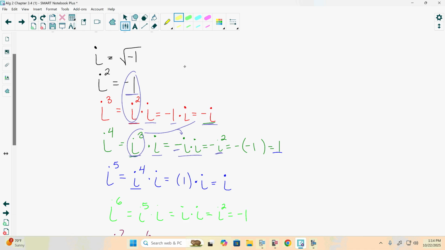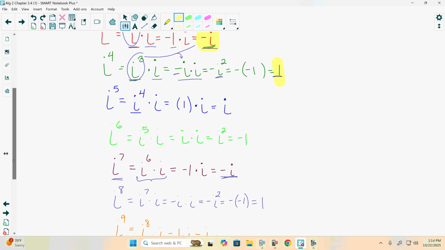Because where did we start out? We started out with i, yes? And when we squared it, what did it simplify to? Then we did i to the 3rd, it simplified to -i, and then i to the 4th simplified to 1. Then our next one was what?